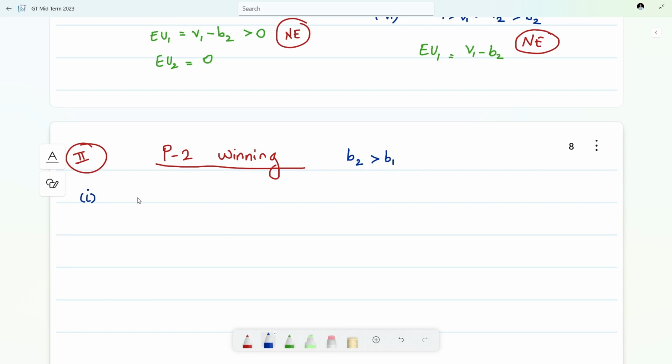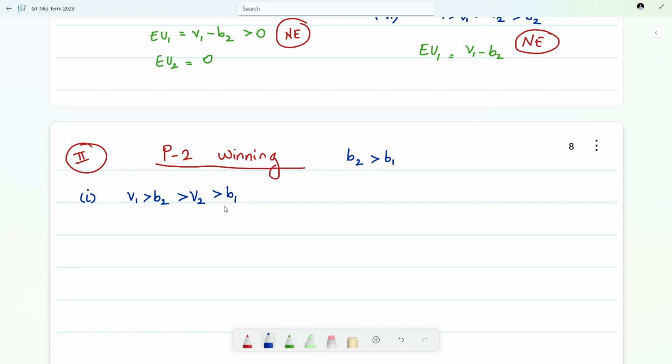So case 1 will be V1 greater than B2 is greater than V2 is greater than B1. Now, what player 1 can do is simply bid less than V1 but more than B2. Sorry, I'm getting confused between V and B pronunciation.